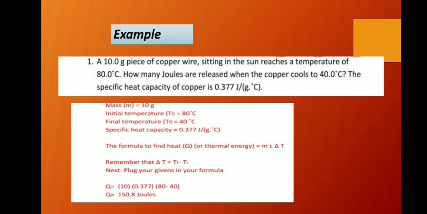So 10 into 0.377 into 40, the final answer is 150.8 joules. So you can identify the Q in this method. So they will give you the mass and the heat capacity and the initial temperature and the final temperature.